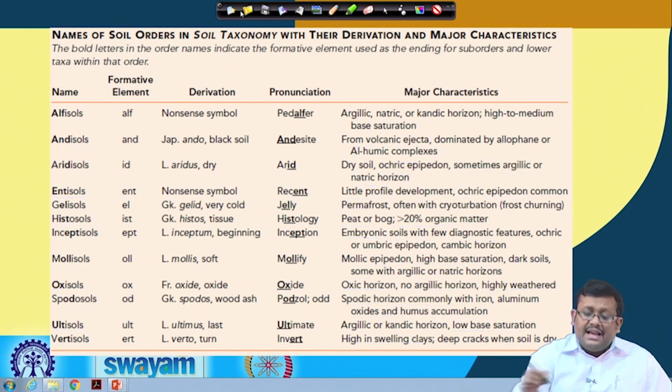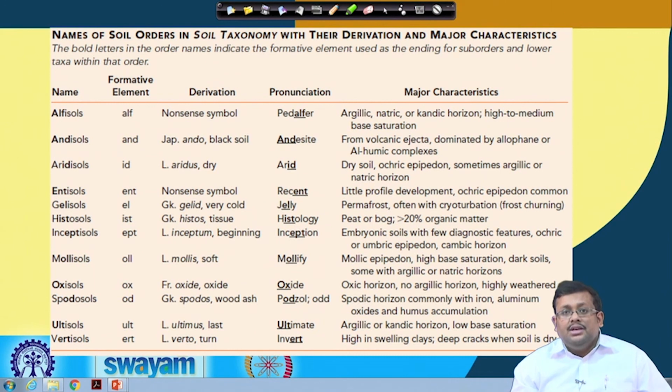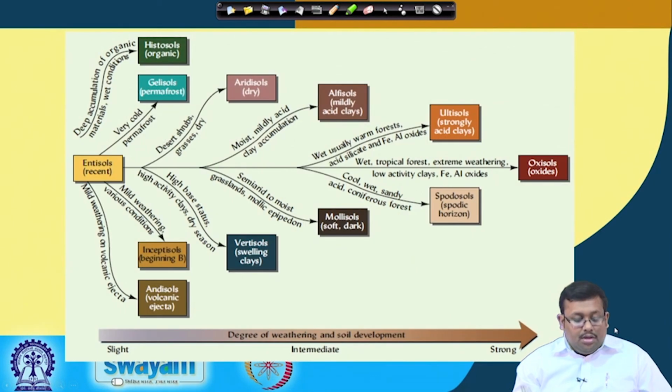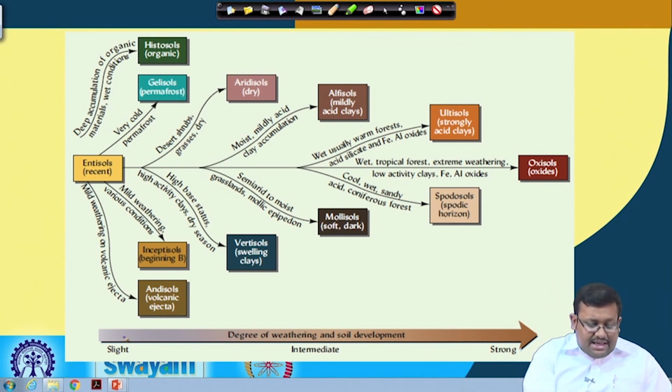This slide gives you an idea of how soil taxonomy is based on measurable soil properties, and each category, either broad or specific, is based on some measurable soil property. This slide also shows how different soil orders form depending upon the degree of weathering and soil development.